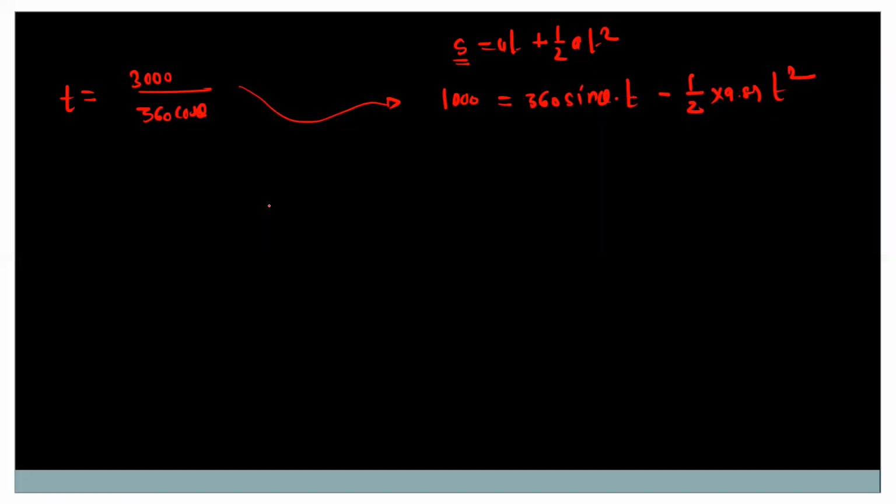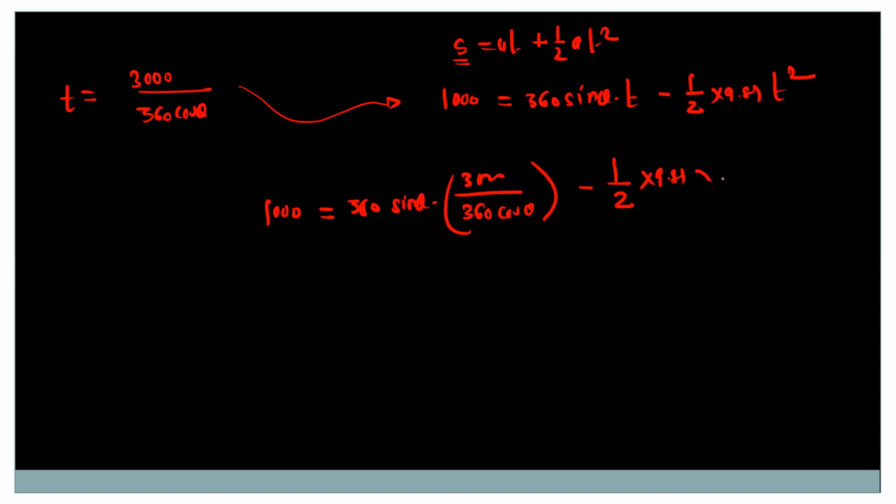So we will get 1000 is equal to 360 sin theta into 3000 divided by 360 cos theta, minus 1/2 into 9.81 into bracket 3000 upon 360 cos theta, square.